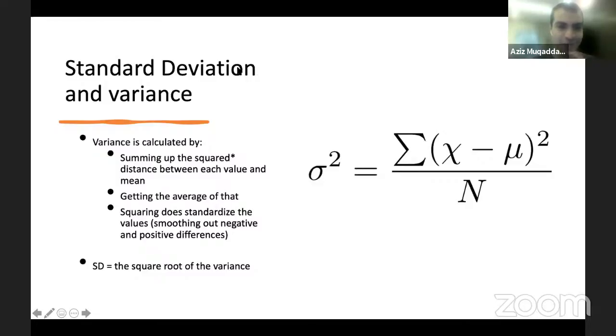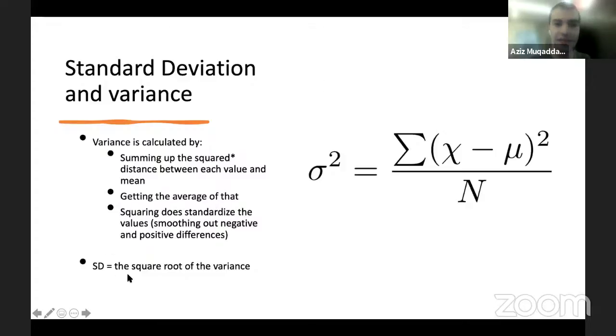Assuming the average was 15, and we have 6 people, 2 people got 13, 2 people got 15, and 2 people got 17. The variance, the average squared distance to the mean, is 2.